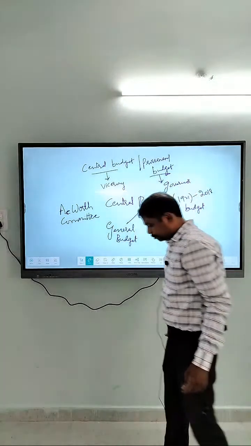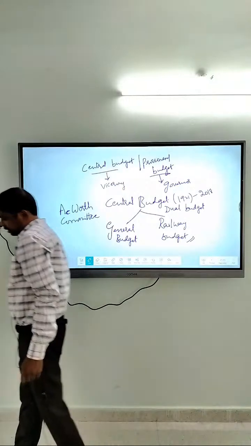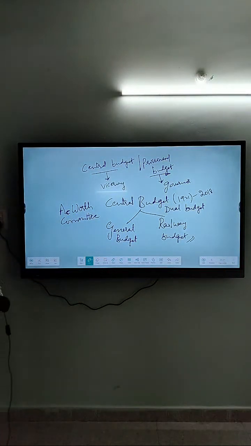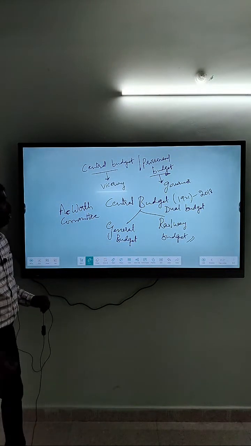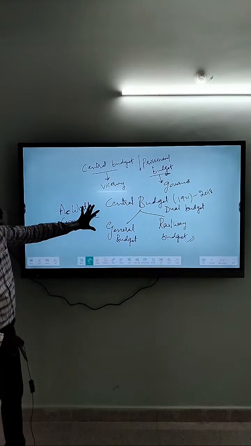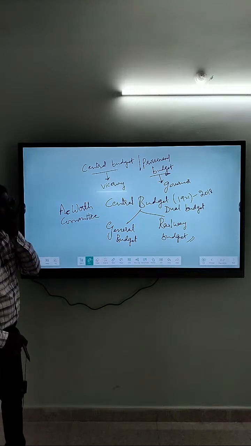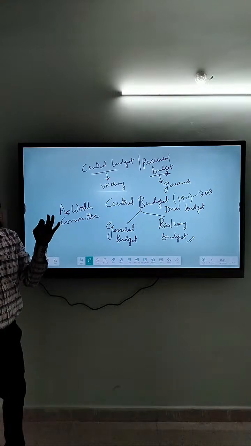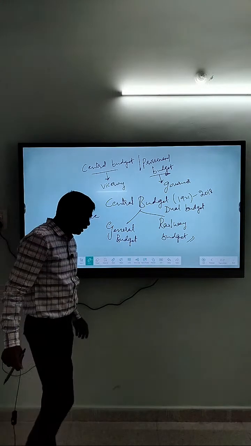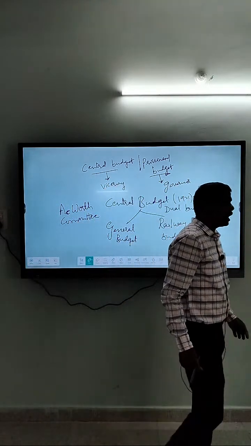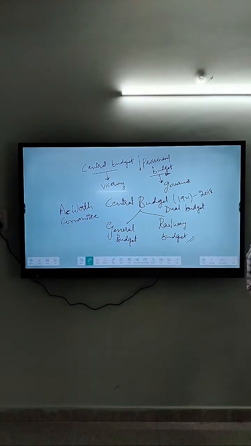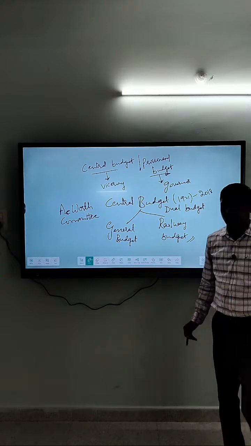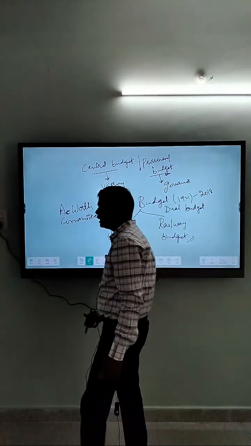Next one, another element of the 1919 Act. Not only did it bring changes in the budget, but at the same time two important committees were constituted by the 1919 Act. They are the Public Accounts Committee and the Estimates Committee.